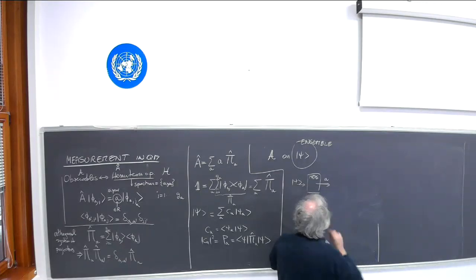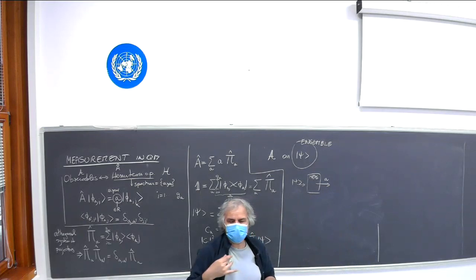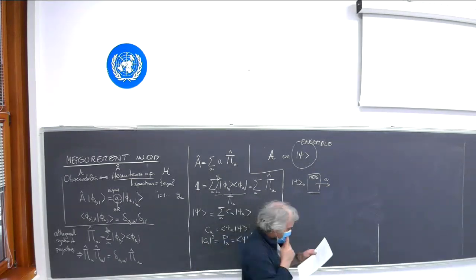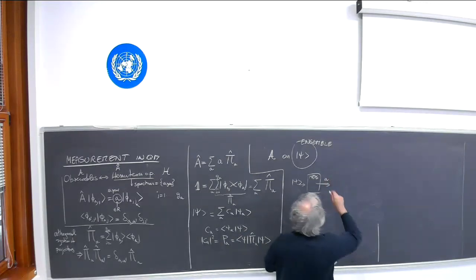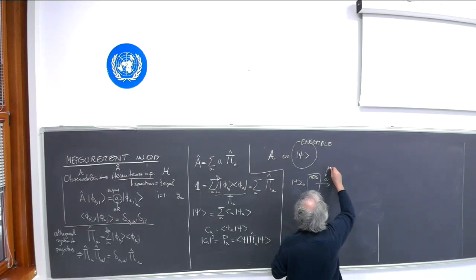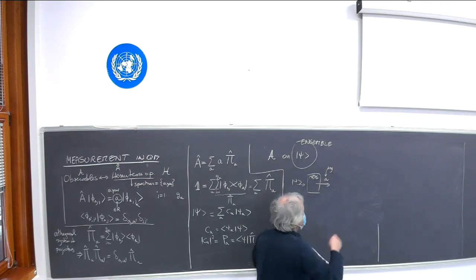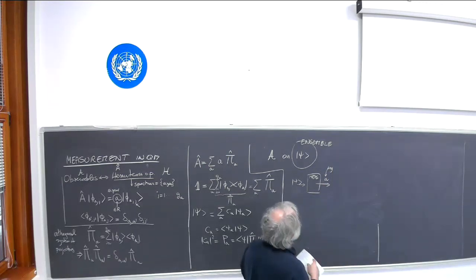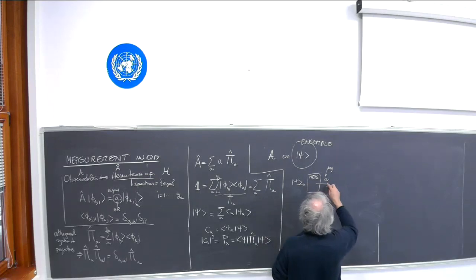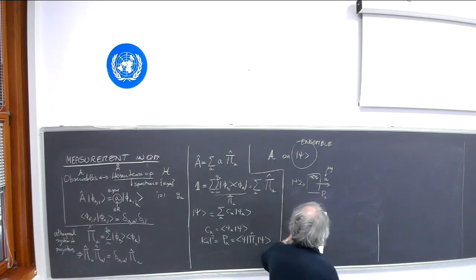There is a probabilistic nature of the outcome. The outcome is any of the eigenvalues, and if I collect the statistics of this measurement, I will see that the probability that I measure the eigenvalue A is P_A, some value P_A.